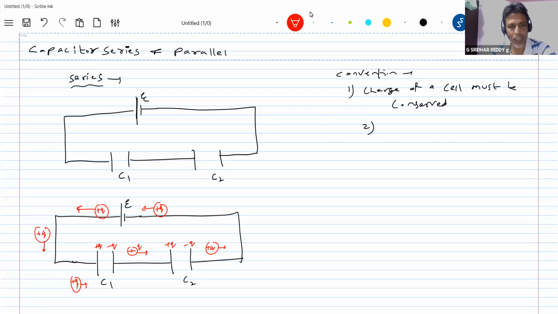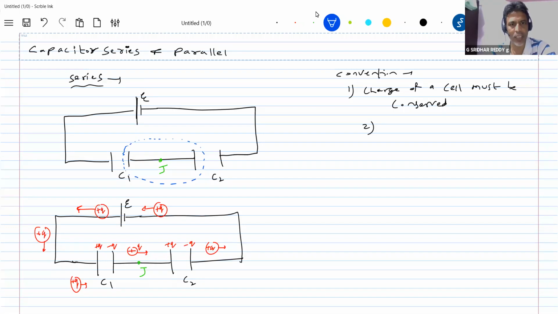Now look at this isolated junction. I'll call this a junction here. Look at these two plates. These two plates are not connected to the cell, no? So shall I call them an isolated junction? This will be the core part of the capacitor circuits, like how we used to write KCL. I'm going to take help of this idea to write the conservation of charge. So charge of this isolated plate must be conserved. What was the initial charge?